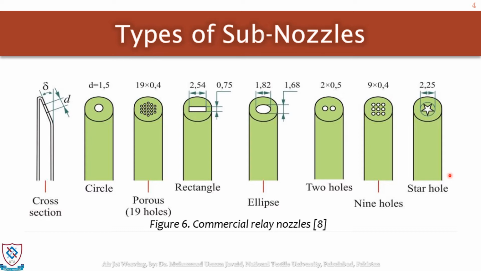In practice, I have seen one circular hole, or its shape may be elliptical, but generally multi-hole nozzles with various distributions are possible commercially. So these are the different types of subnozzles from the research literature. In the next slide, I will let you know what is commercially available.